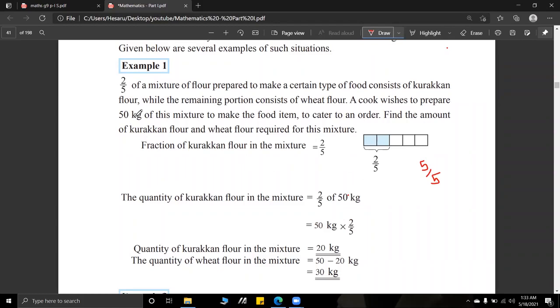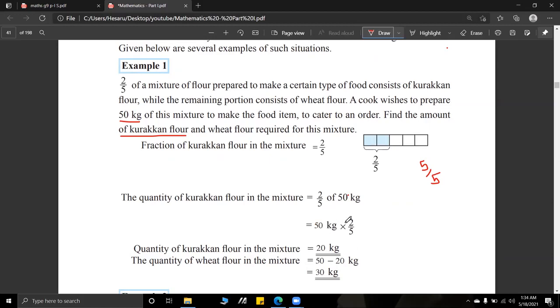It means that they have given the total amount of flour as 50 kilograms, so from that weight, 2/5 should be kurakan flour. So the first question is to find the amount of kurakan flour. From 50 kilograms, 2/5 is kurakan flour. So the value is 20 kilograms, by simplifying this.